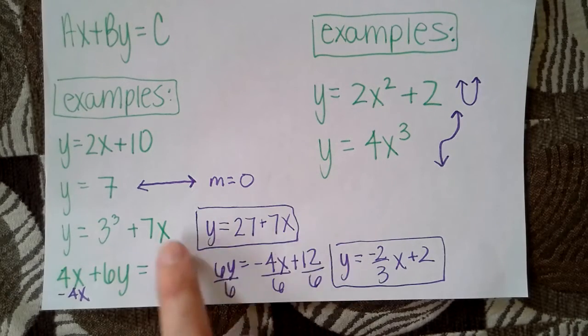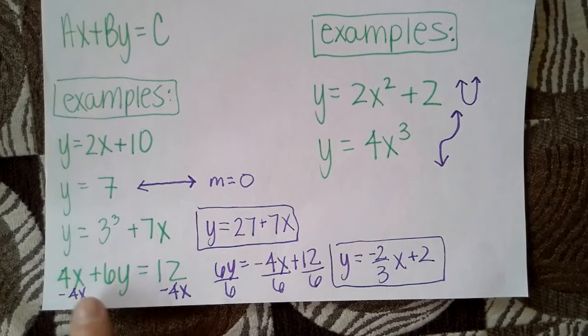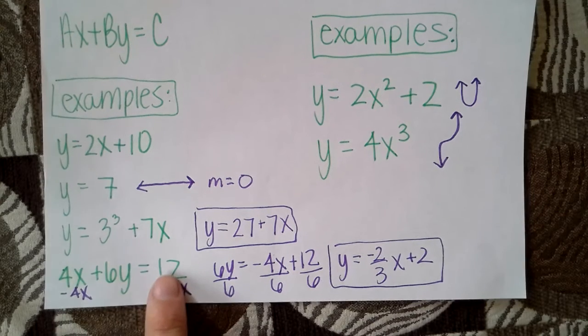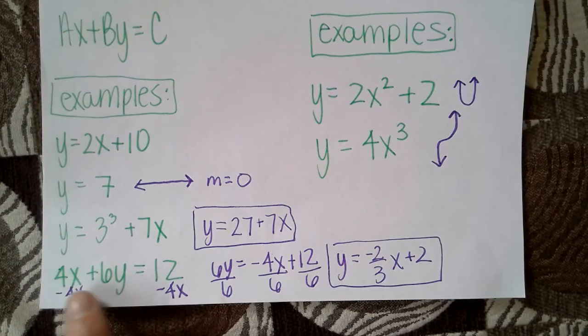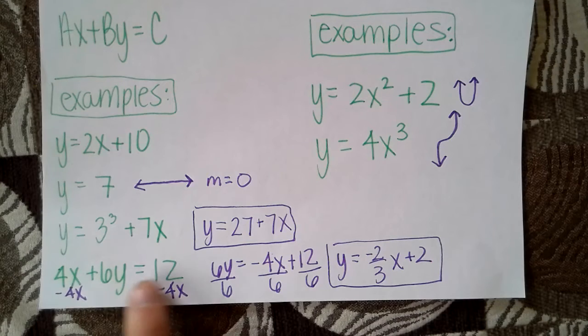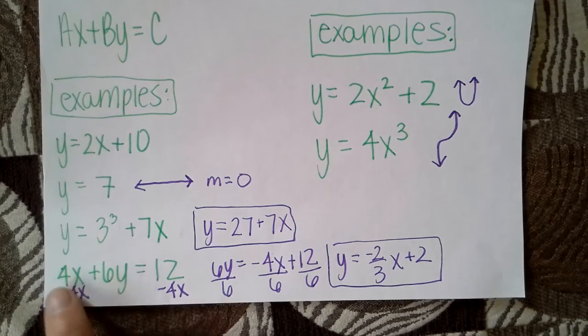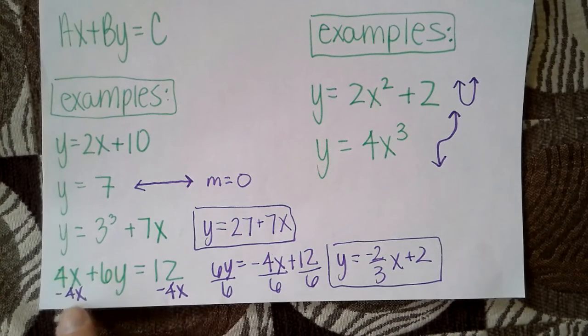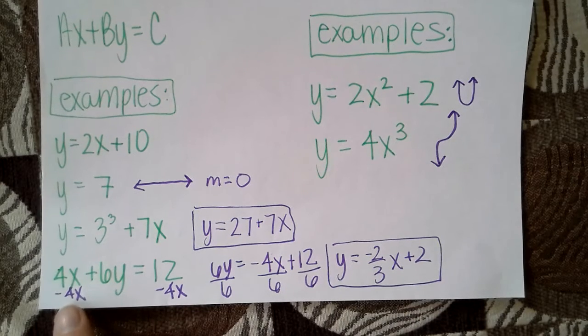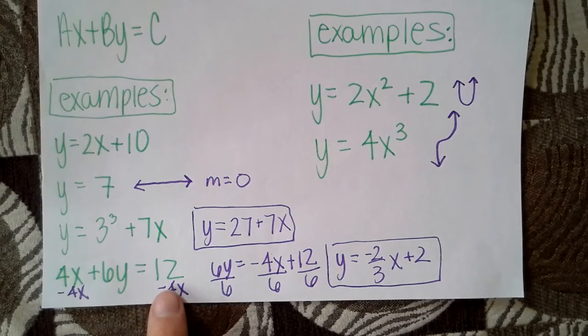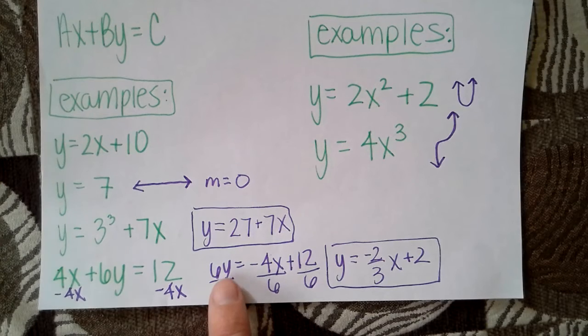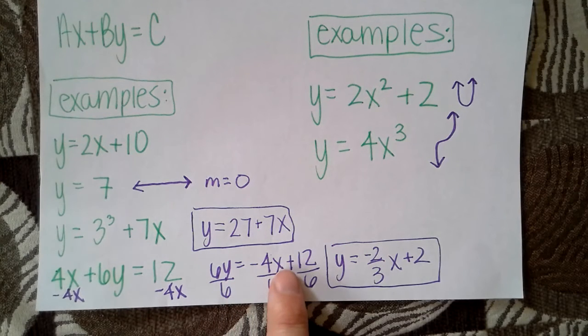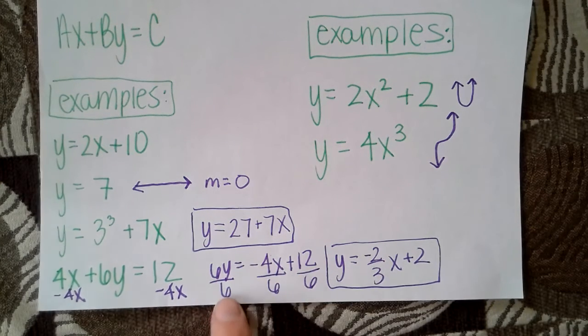This is an example of where it's in standard form, and to get it into slope-intercept form, this is an example of a linear function, but to show that it is a linear function, what I did is I subtracted 4x on both sides to get y by itself. I get 6y equals negative 4x plus 12. I divide by 6.